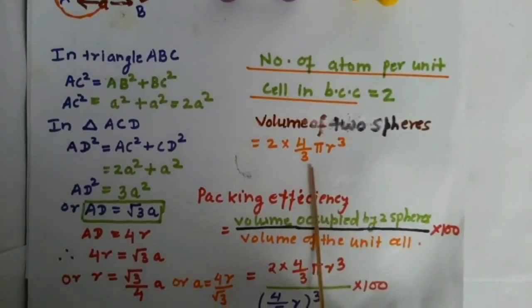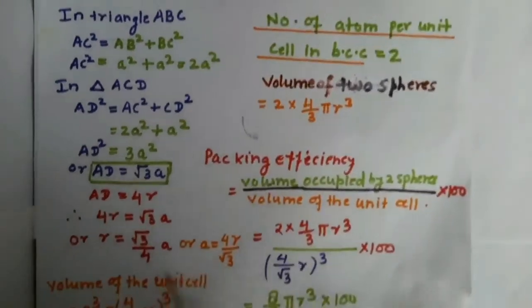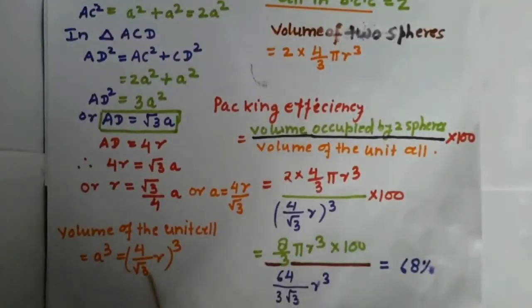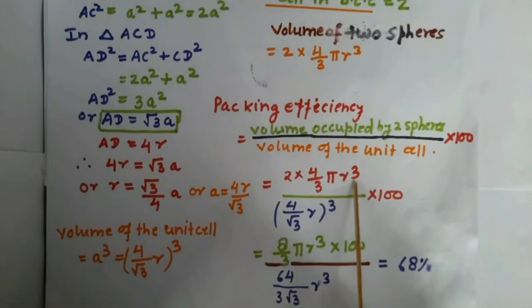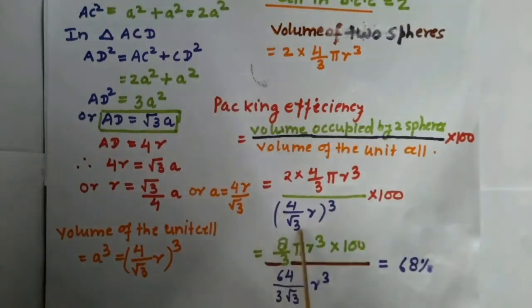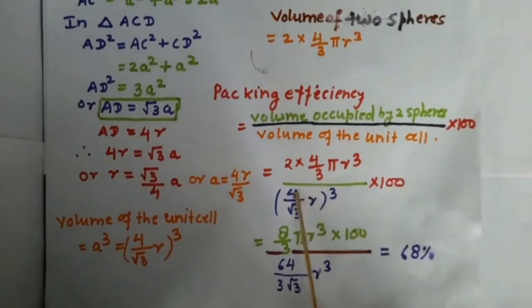Now here the volume occupied by the spheres in the unit cell is equal to 2 multiplied by 4 by 3 pi r cube, and the volume of the unit cell is equal to (4 by root 3 r) whole cube, multiplied by 100.